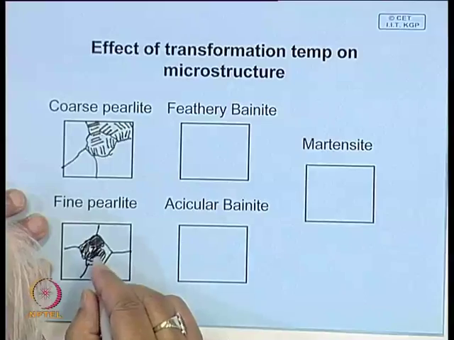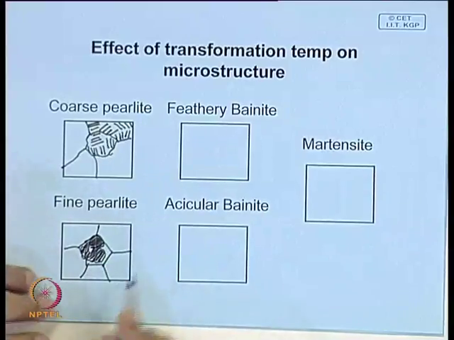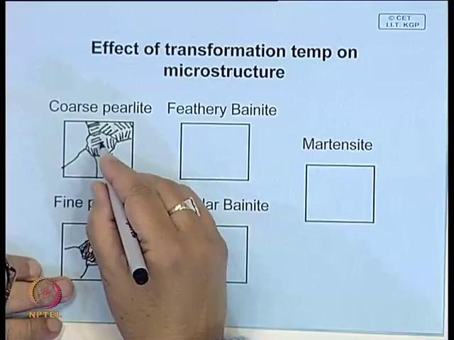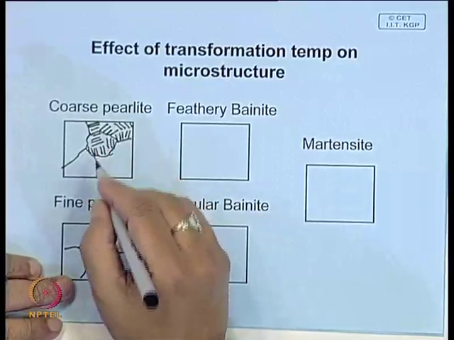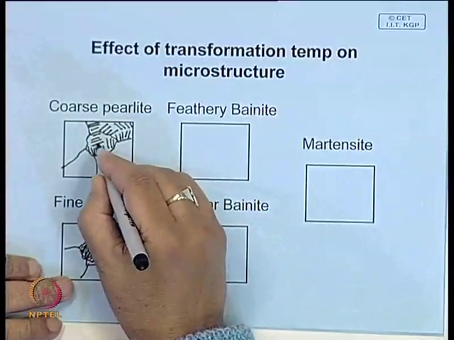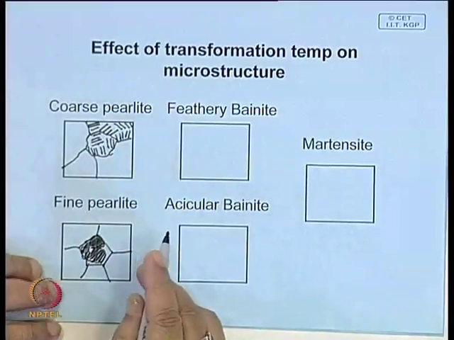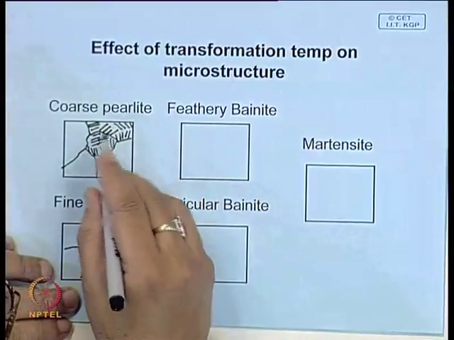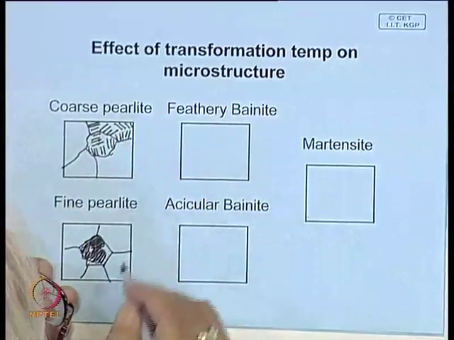Essentially they are made up of exactly similar lamellar structure, only the distance between these plates is very small, so closely spaced that you can't see the plates clearly.